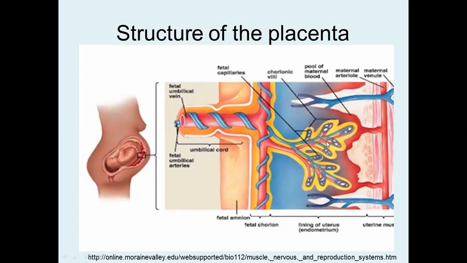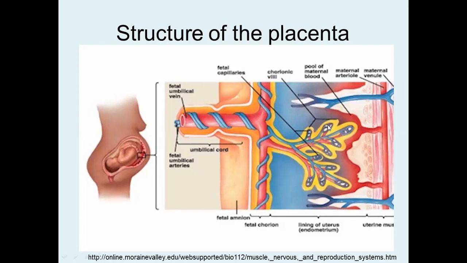And by then, the blood is obviously oxygenated because carbon dioxide and nitrogenous waste substances would have diffused from the capillaries in the chorionic villi through into the maternal blood. And oxygen and nutrients would have diffused from the maternal blood into the capillaries.